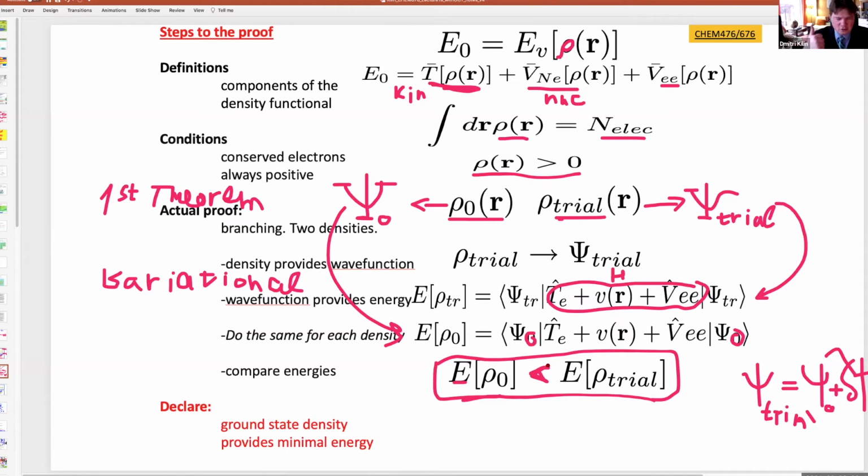And second, we practiced the variational theorem. By combining these 2 things, we see that if the density for the ground state is known, then it will provide the absolute minimum of energy. Any objection?